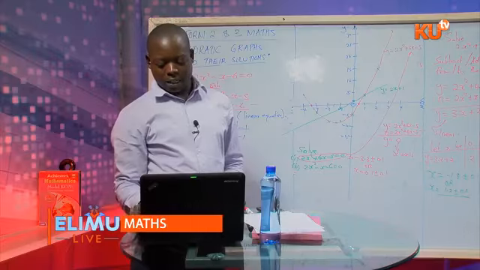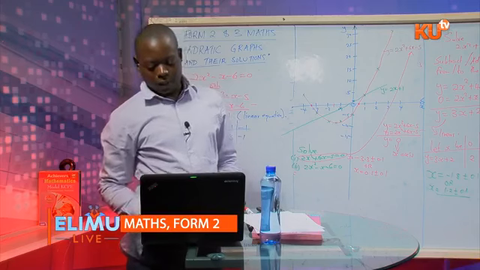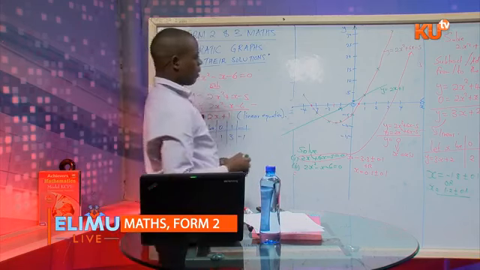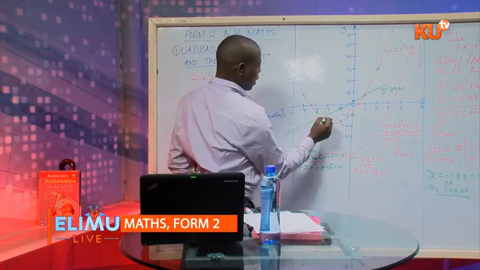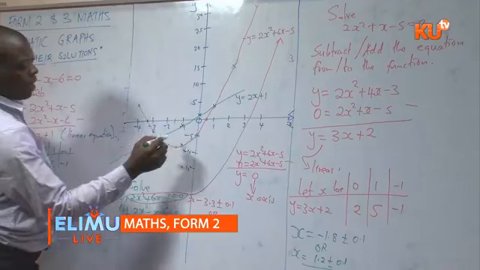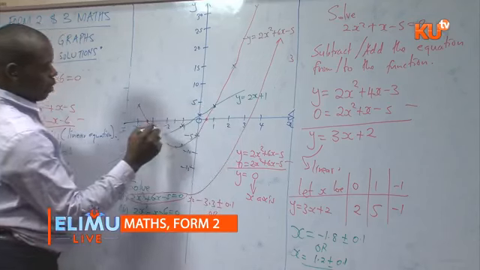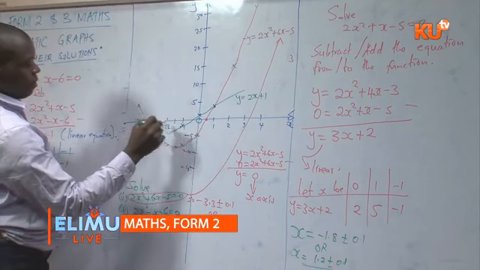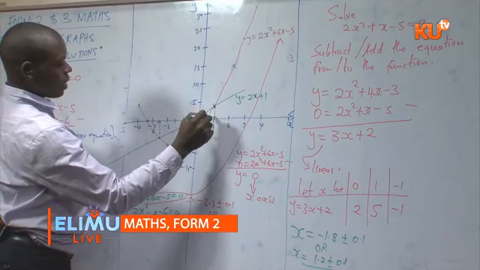So once you have that straight line, it is very simple. Definitely they need the solutions of x. You get the solutions by looking at the points of intersection of the line with the curve, and then you extrapolate to the x-axis.